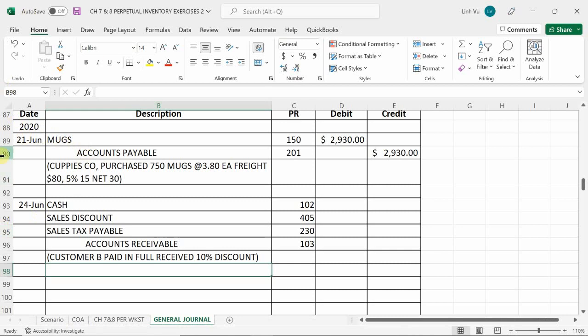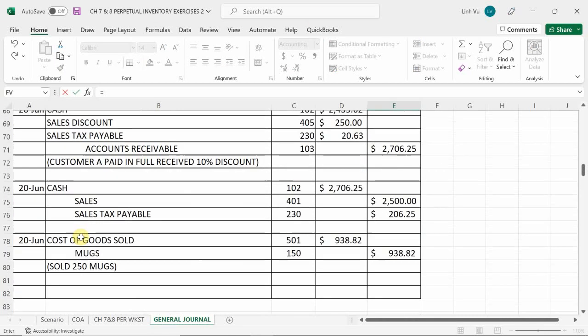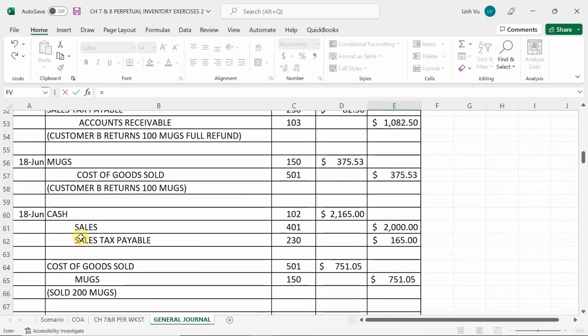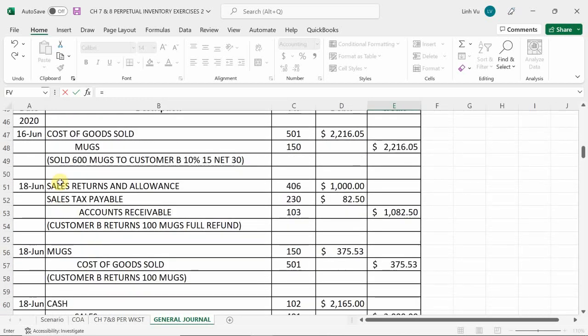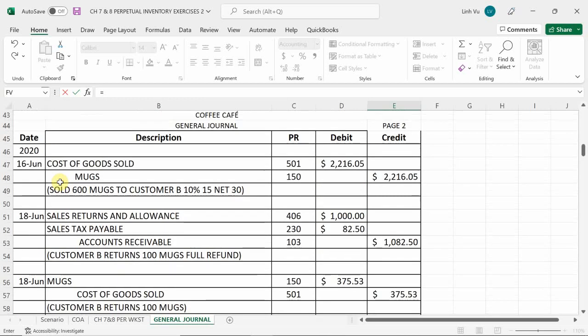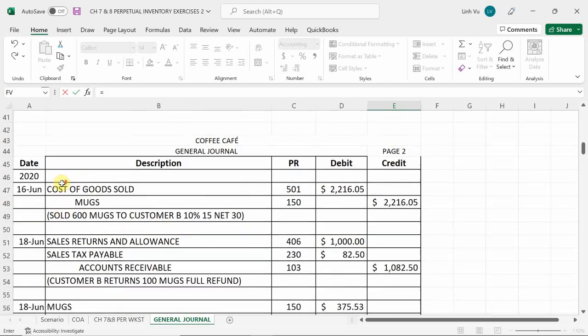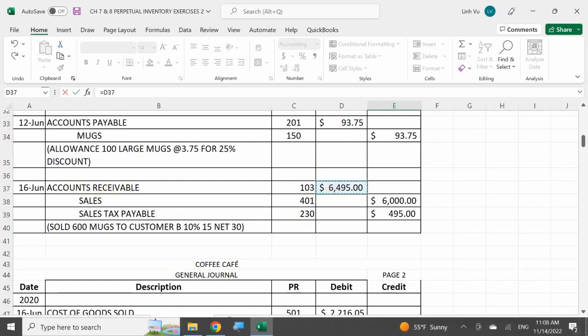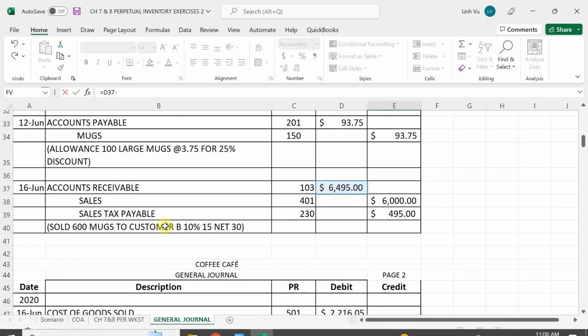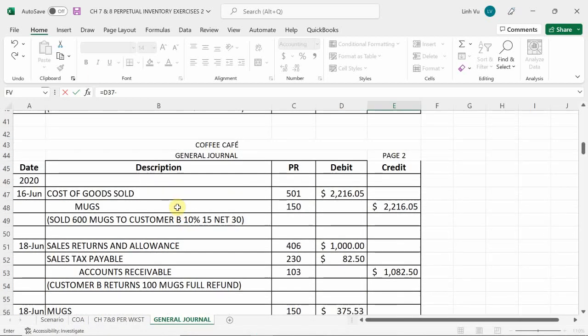So first things first, looking at the accounts receivable: how much does customer B actually owe me? We sold to customer B on the 16th. Accounts receivable to customer B. We originally sold 600 units, and then we refunded 100 of those units, sales returns and allowances.